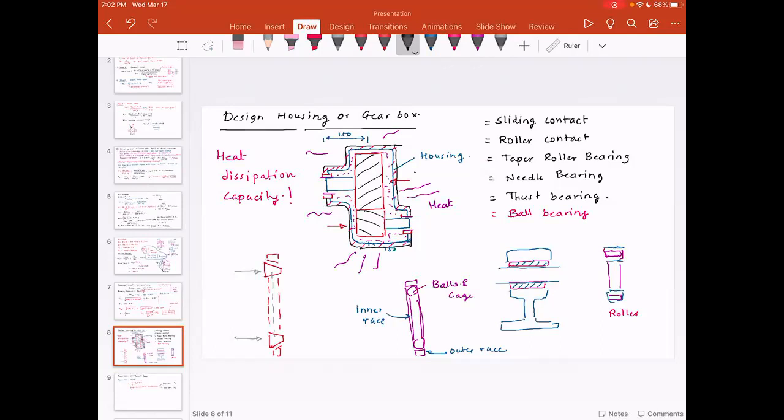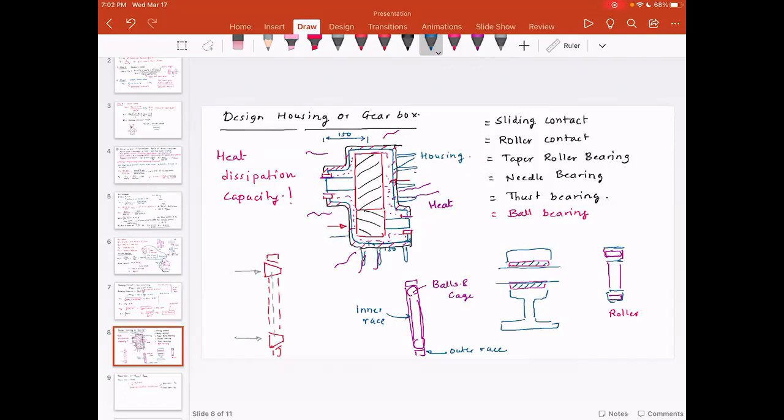Alternatively, what you can do is you can add fins. If the area is not sufficient, then you can add fins to it so that the heat dissipation is better.